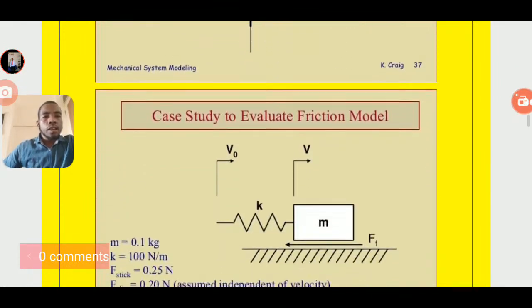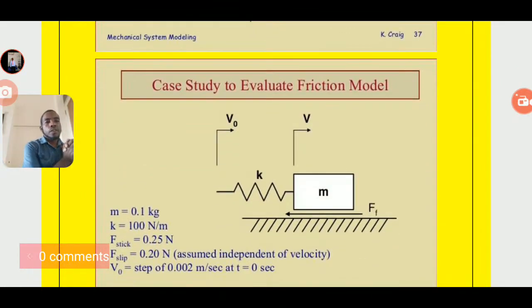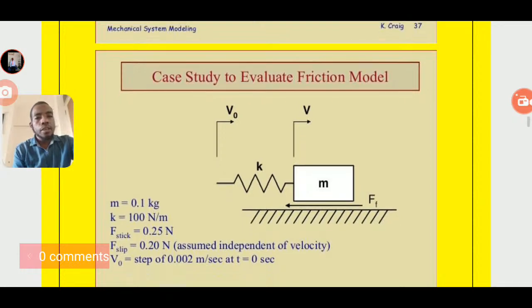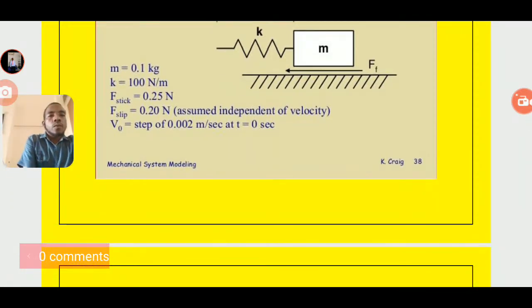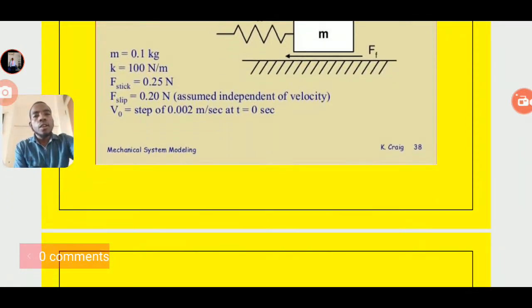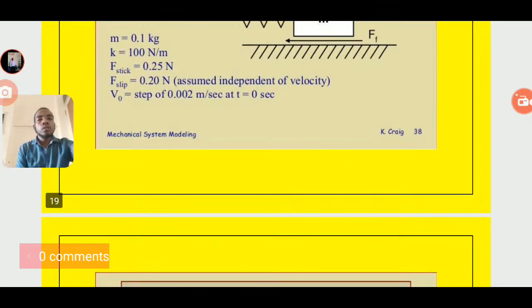So here is the case study to evaluate the friction model. This is V naught, this is V, this is the spring, this is the mass, and this is the force applied. For example, the mass is equal to 0.1 kilogram and K, the spring, is 100 Newton per meter, and F stick is equal to 0.25 Newton, and F slip is equal to 0.20 Newton.